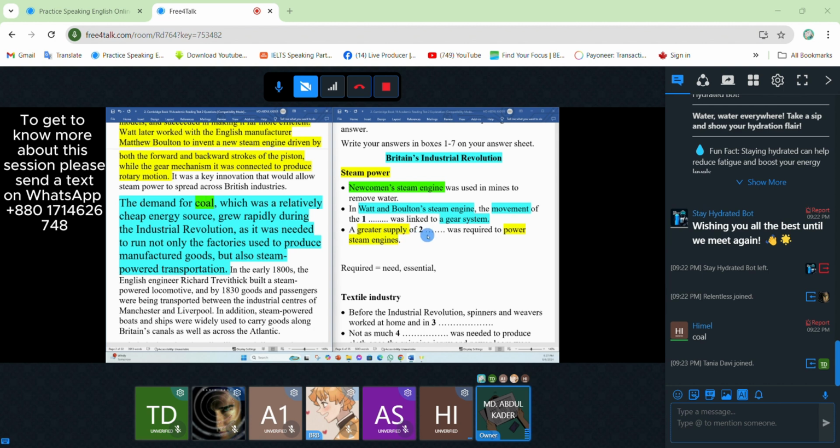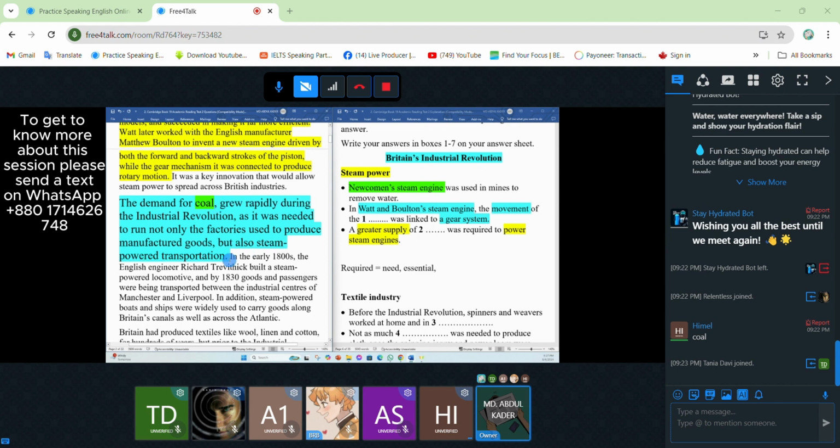A greater supply of coal. That means the demand for coal grew rapidly. Just try to remove this part of the sentence. The demand for coal grew rapidly during the Industrial Revolution. That means the demand for coal grew rapidly during the Industrial Revolution and it was needed.